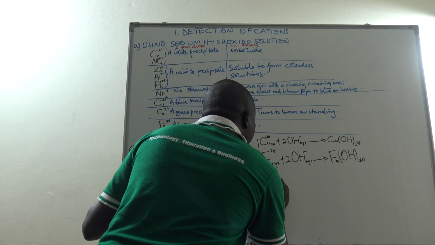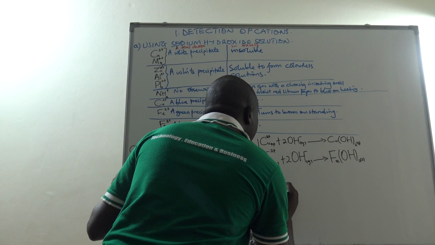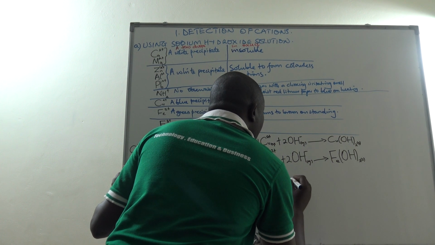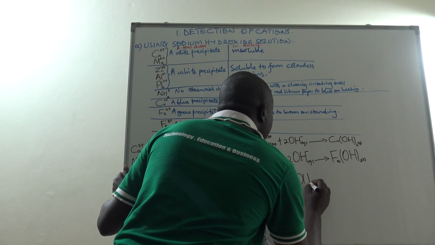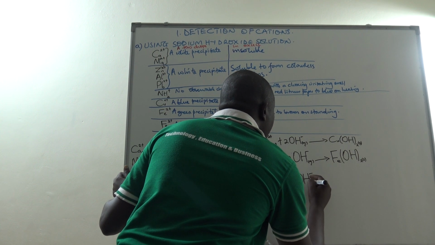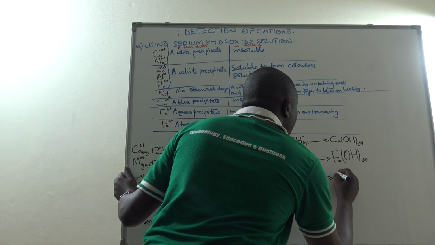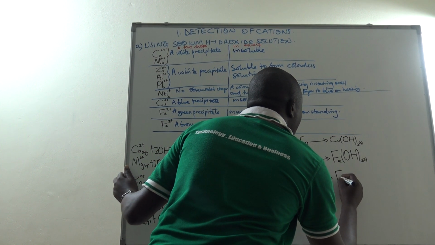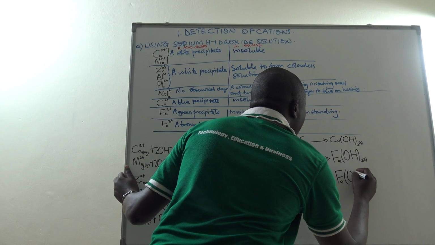And then finally we have iron 3 ions, also combining with 3 hydroxide ions, since it is a trivalent cation, and this one gives us iron 3 hydroxide, a brown precipitate.